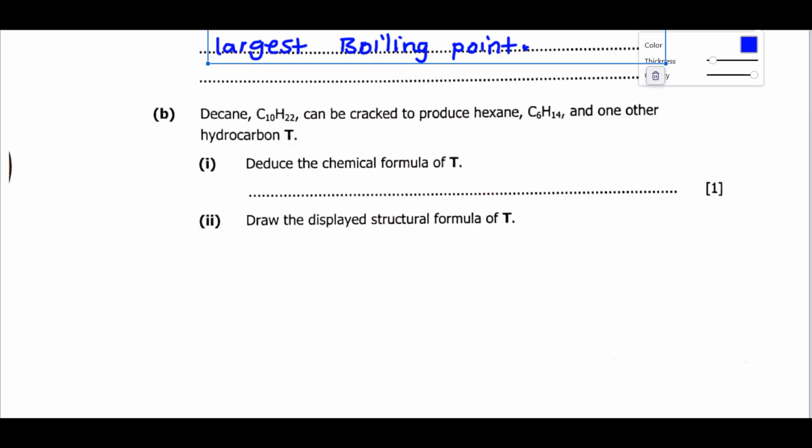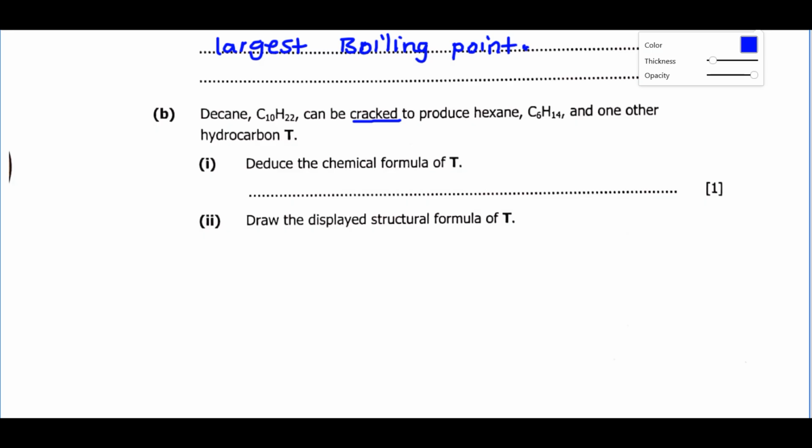So this one, you need to make sure that you understand cracking. So cracking is where you have a longer chain and you break it into smaller chains. Now the key point about this is that you make sure that the number of carbon atoms and hydrogen atoms on the reactant side, on the left part, balances with the number of carbon and hydrogen on the product side.